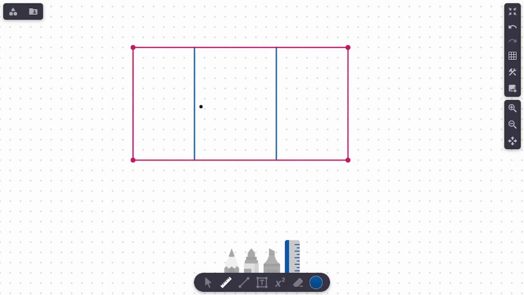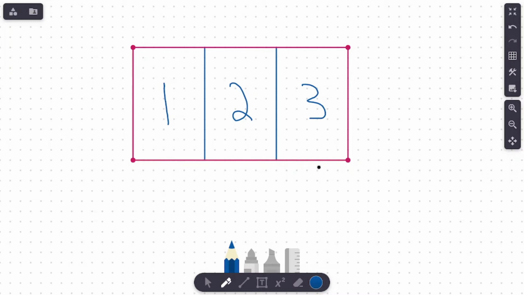I need to move that one over just a little bit. Thank you for your patience, you wonderful people. There we go, that looks better. My question to you here is, how many sections have I broken this rectangle up into? Three. All right, there are three sections. Here's the first section, here's the second section, here's the third section.